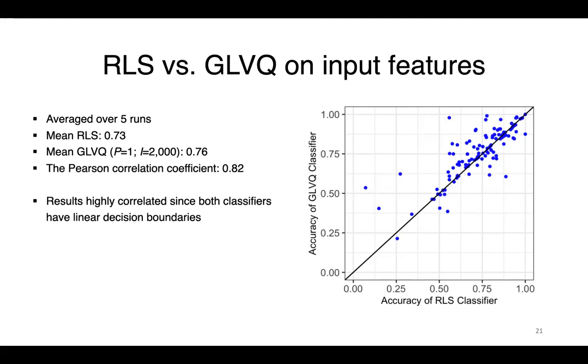Meanwhile, the mean accuracy of the GLVQ classifier was 0.76. Results for both classifiers were highly correlated. We hypothesized that this is because both classifiers have linear decision boundaries, and so both can accurately classify linearly separable data, but exhibit different behaviors when classifying non-linearly separable data.